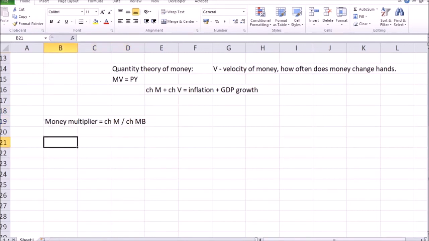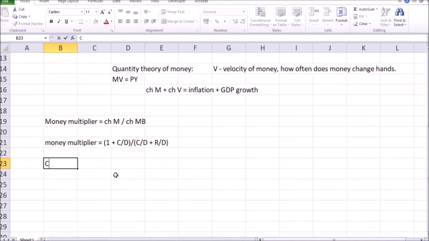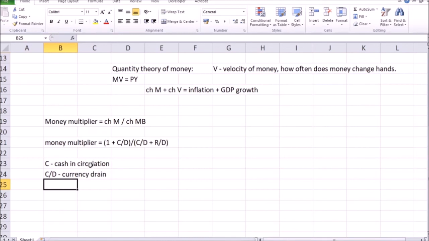And now a more interesting formula for the money multiplier is in front of you, where C is the cash in circulation, currency in circulation, and C divided by D, where D is the total amount of deposits in the economy, gives you the currency drain, the percentage of deposits that people would like to keep in their pockets as cash.